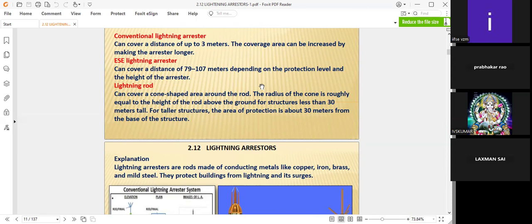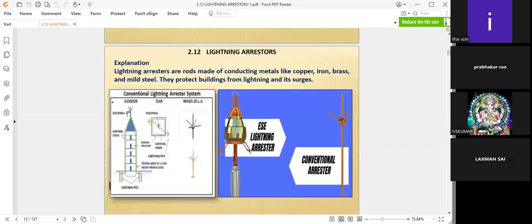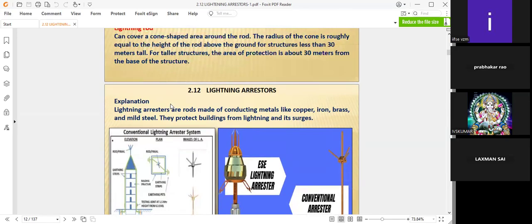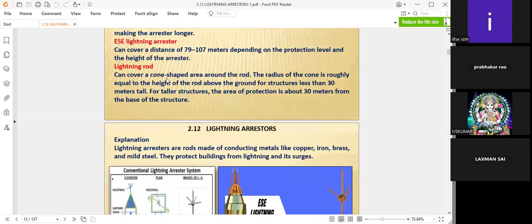The lightning cover is cone shaped, for both ESE and conventional arresters.